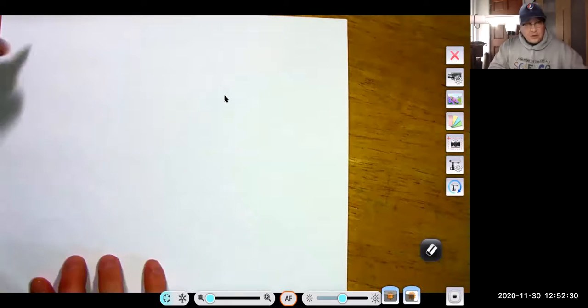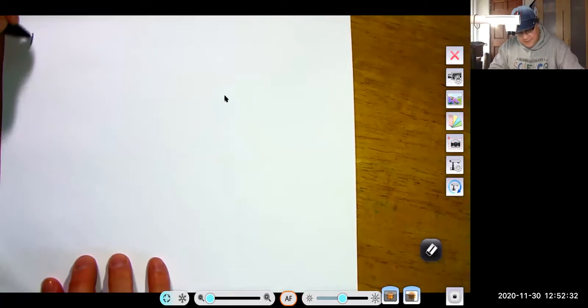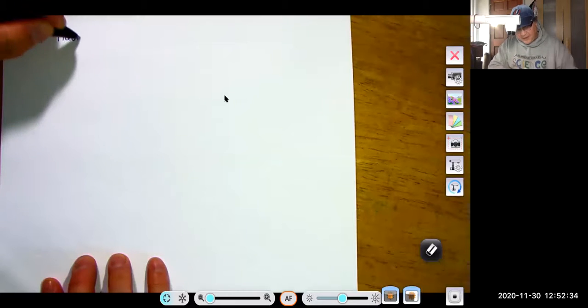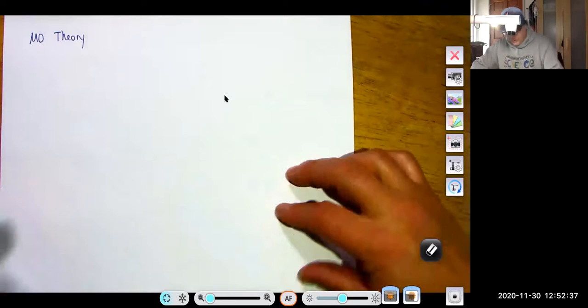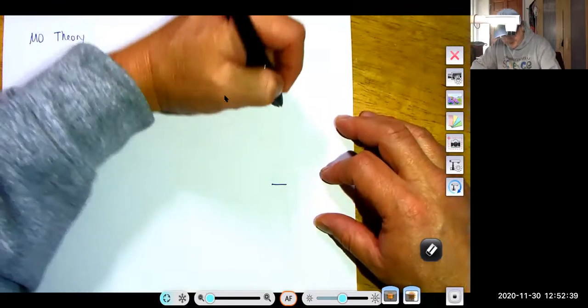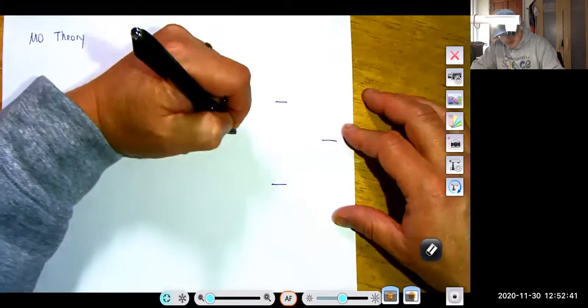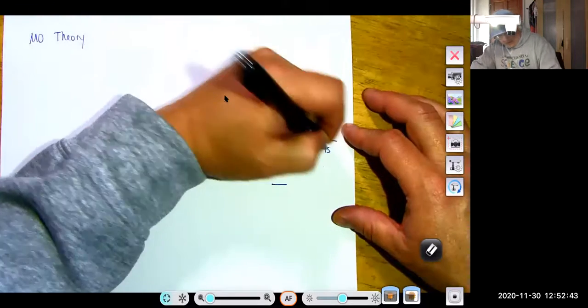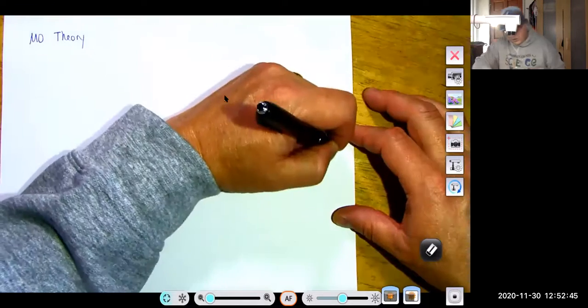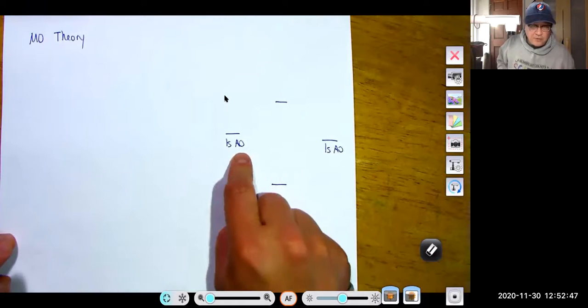Let's look at molecular orbital theory. For molecular orbital theory, there are 4 principles. And the way to get to the 4 principles is take a look at this. AO stands for atomic orbital.